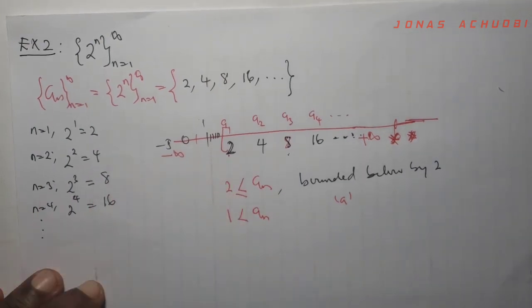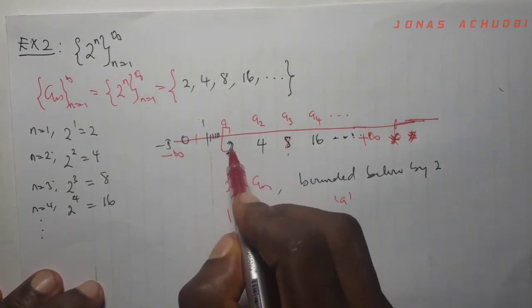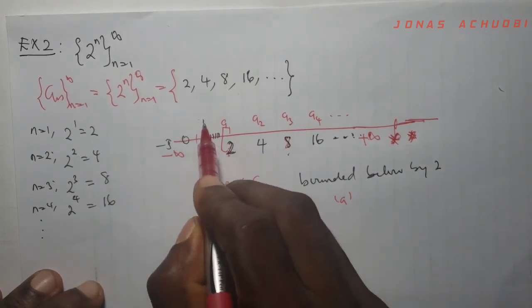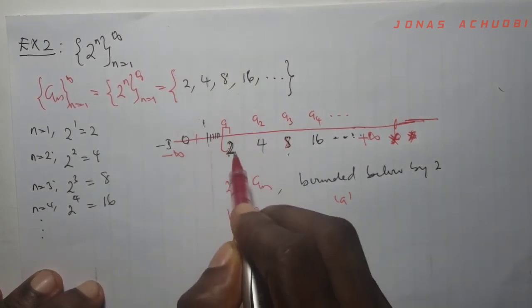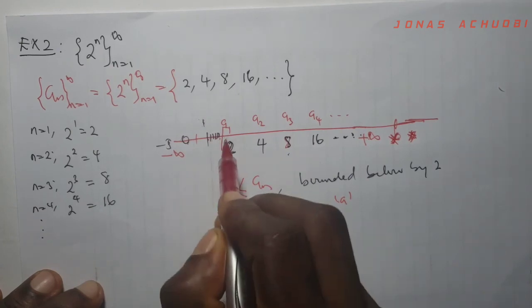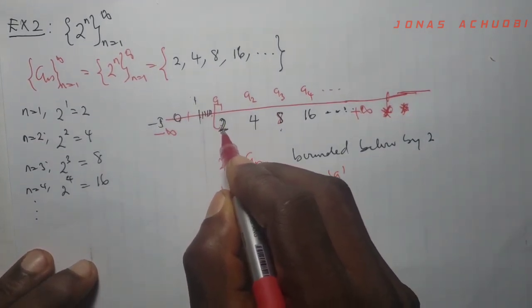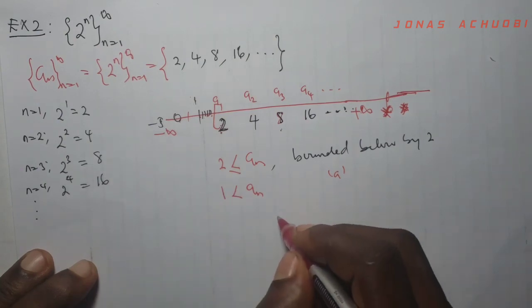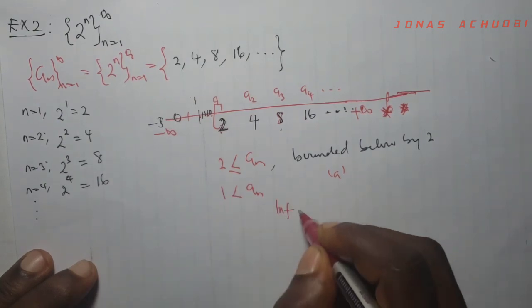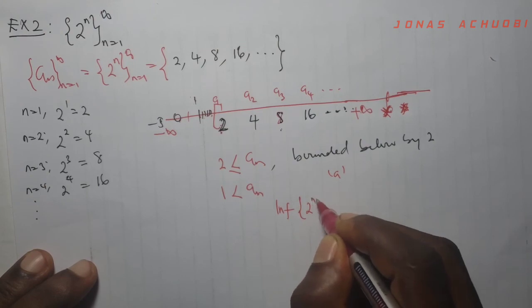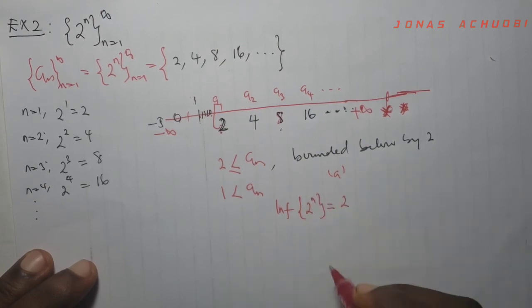So of all these lower bounds, which of them is the biggest or the greatest? It must be 2, because 2 is bigger than 1, 2 is bigger than 0, 2 is bigger than every other number between 1 and 2. So, since 2 is the greatest of all the lower bounds, we now say that the infimum of the sequence 2 raised to the power n is equal to what? 2.